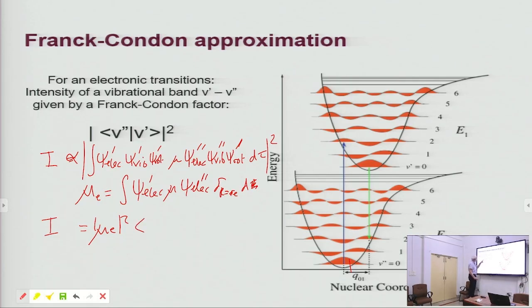Sorry, I've been using Dirac notation periodically because it's so much more compact. I hope people understand. You get an overlap of the vibrations, and you get a similar thing for the rotations.